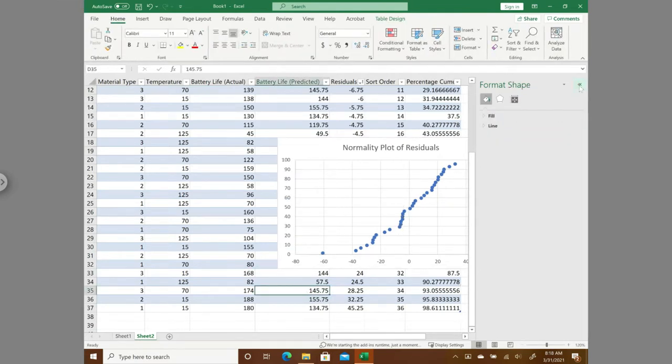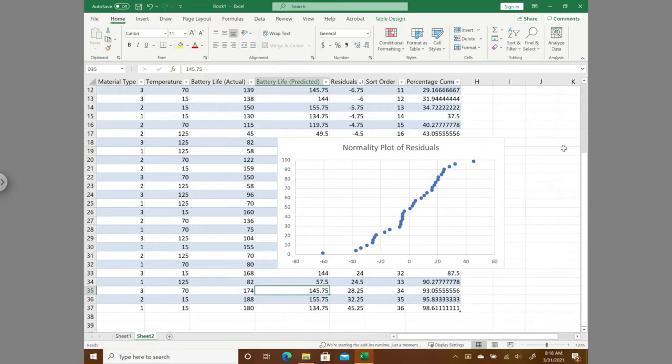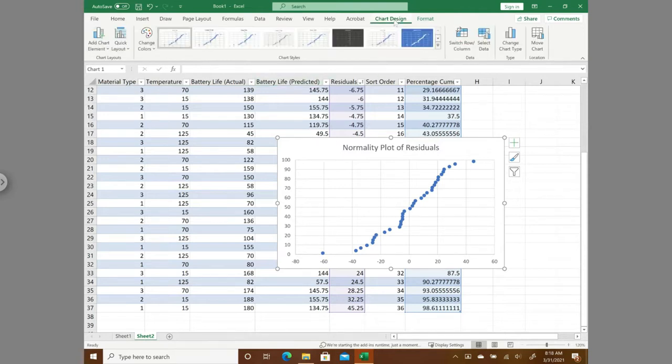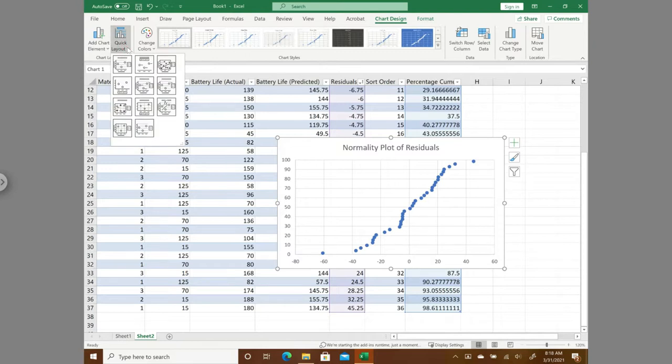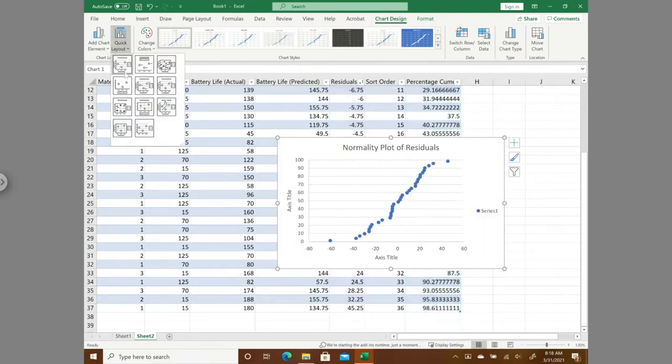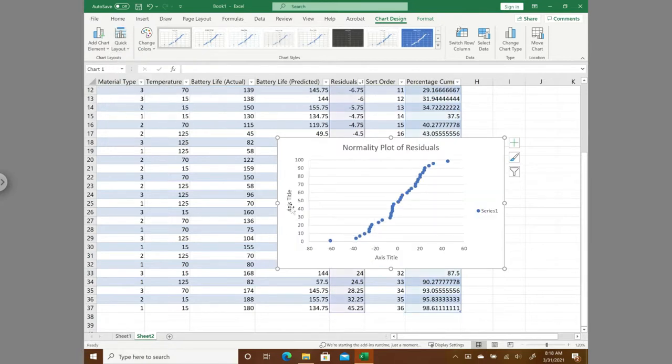So that's good, right? Then we can add the axis titles. I'm going to go to the chart design, and from the quick layout, I'm going to select the first option here. Okay, so we can write the axis titles here.